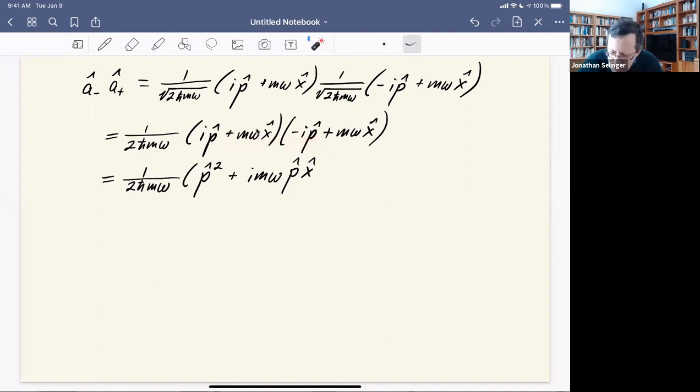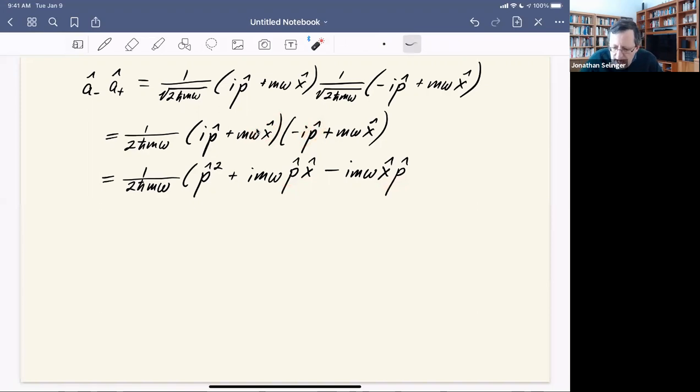That gives us negative I m omega x p. And so you can see that the x is on the left and the p is on the right in this case. So these two terms don't cancel, right? Because it matters what sequence you have them in.